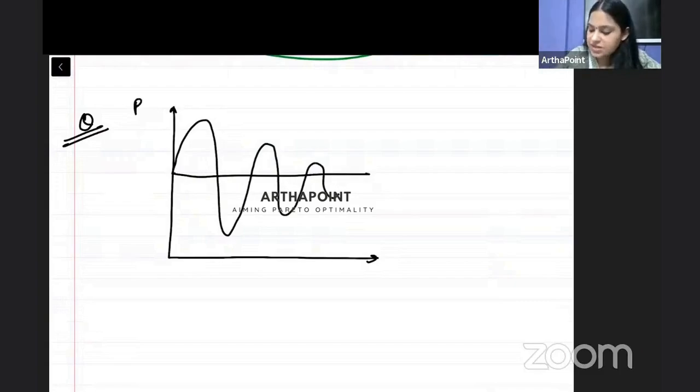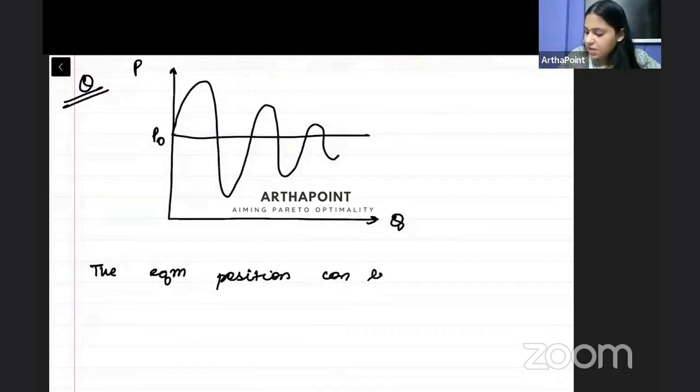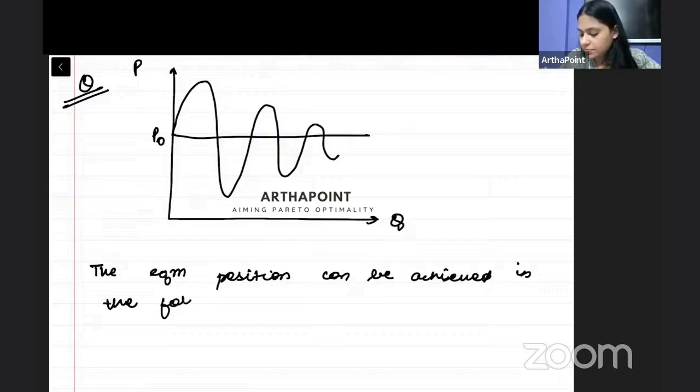We are taking price here and quantity here. और यहां पर हमने price को P0 ले लिया है. So please write down the equilibrium position can be achieved in the following diagram by.